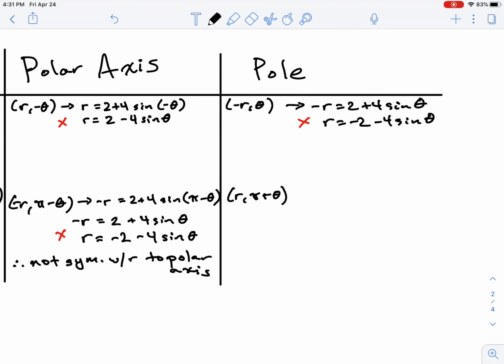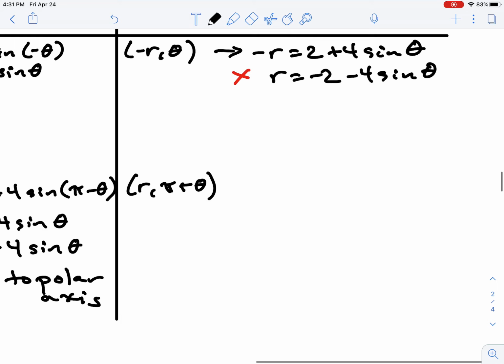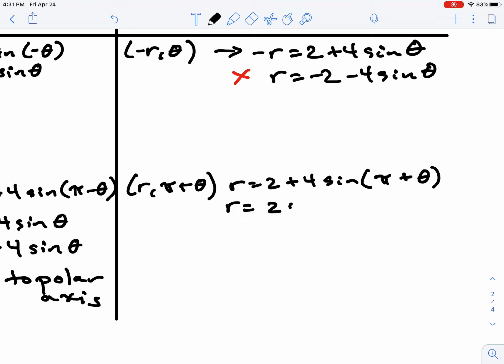Now, replacing theta with pi plus theta. Let's check in on this one. So we would say r is equal to 2 plus 4 sine of pi plus theta. Again, we're going to have to use the sum formula for sine, which is just sine pi cosine theta plus sine theta cosine pi.